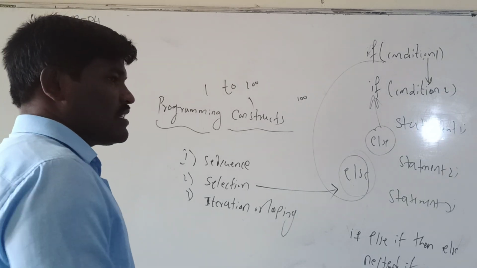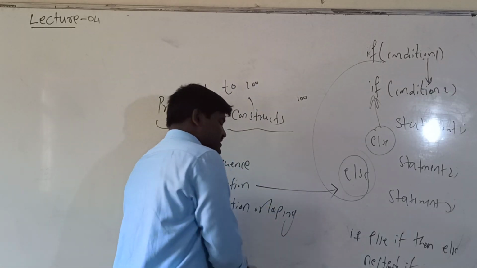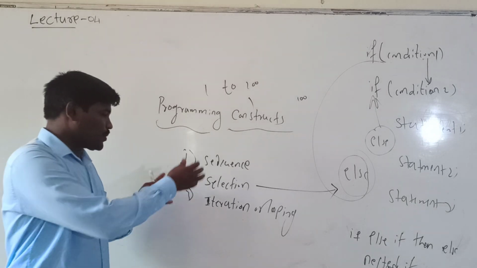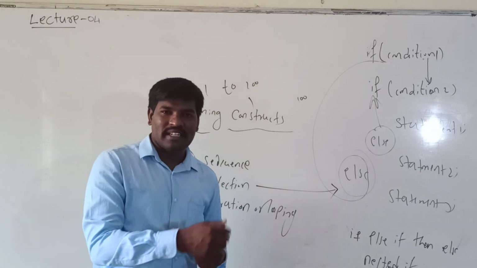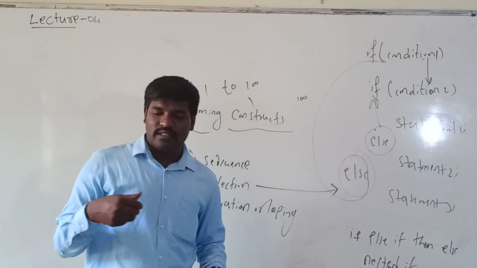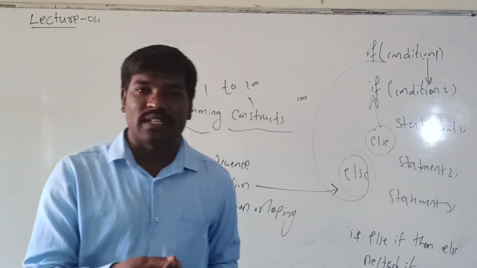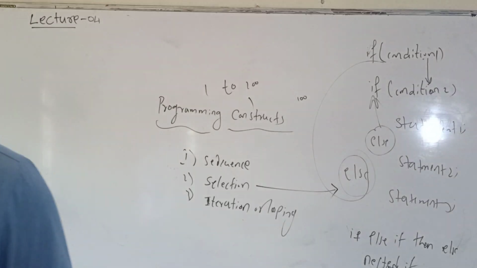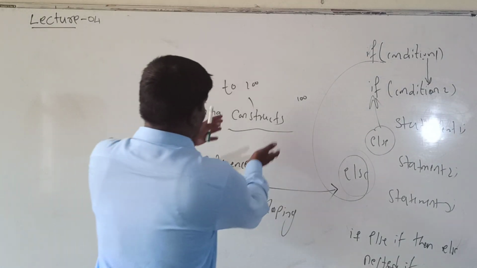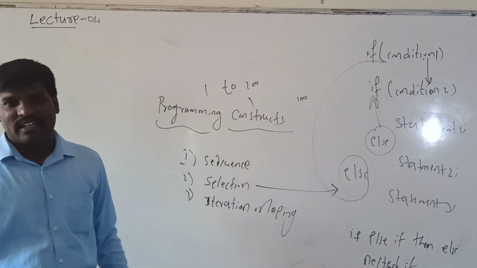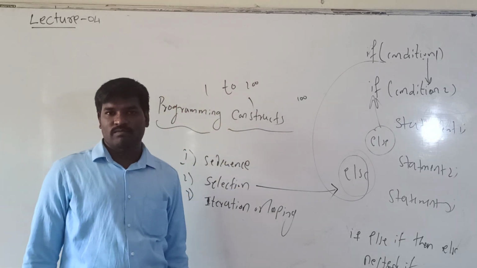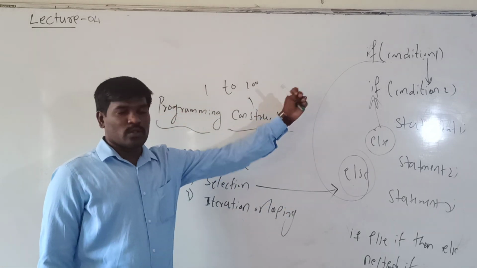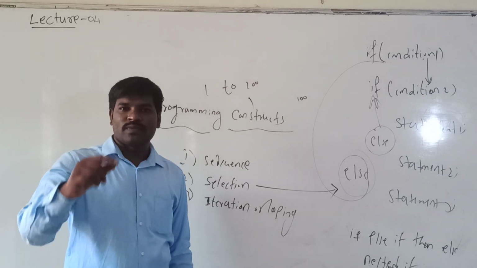It is nothing but the process of repetition of statements, or repeating the sequence of statements until the particular condition is satisfied, until the condition is false. Here also you have to write the condition. First it will check the condition.